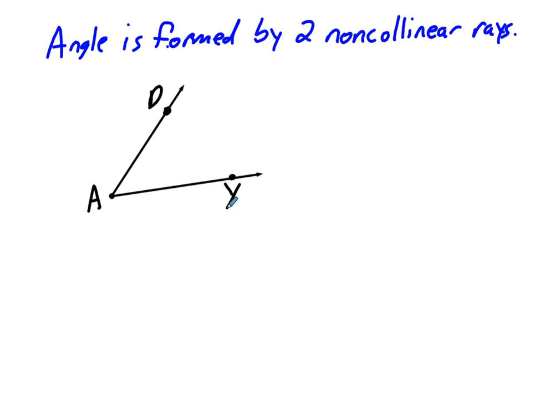Now the different parts of my angle. Each ray is one part of my angle: ray AD is one part, and ray AY is another part. Those two rays are called the sides.